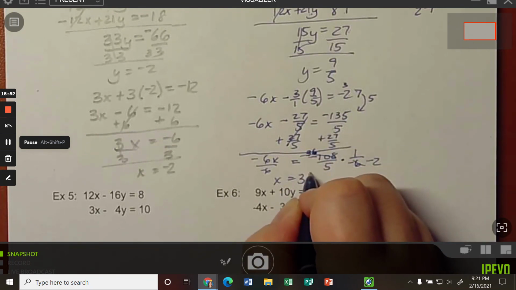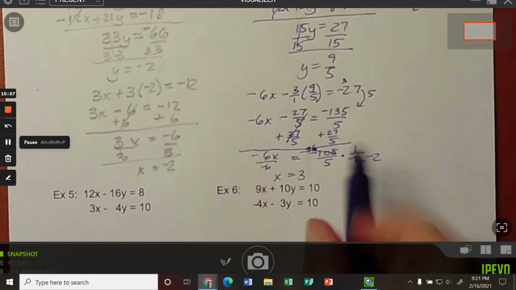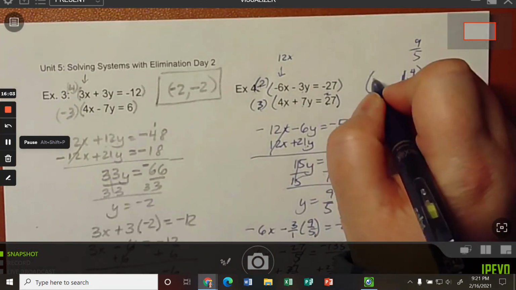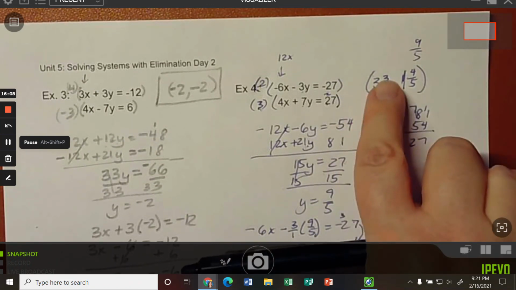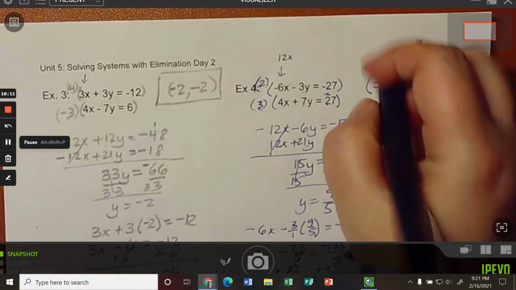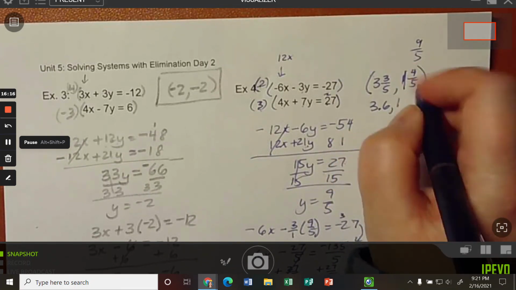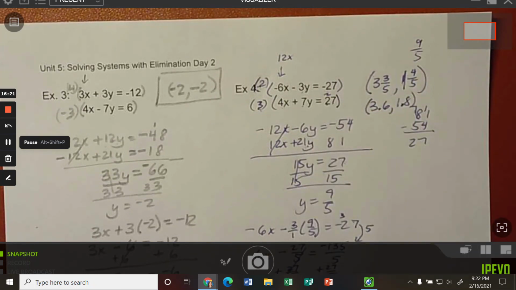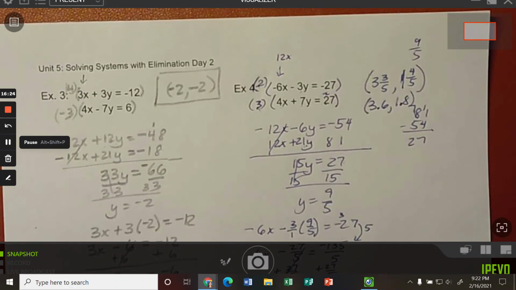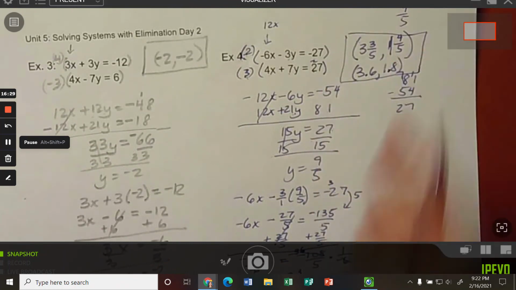Or 3 and 6 tenths, which would simplify to 3 and 3/5. And if you did the decimals instead of the fractions, 3/5 is equivalent to 6 tenths, so 3.6, and 4/5 is equivalent to 8 tenths, so 1.8. Okay, and I'll just put a box around both of those, so decimals or fractions, either one is correct.